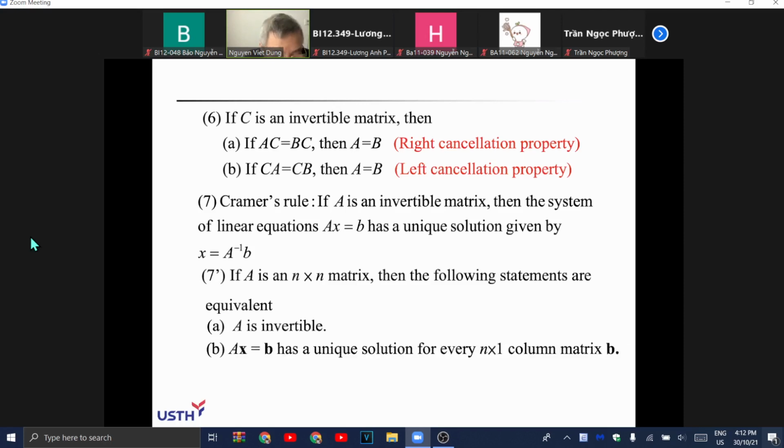The second says that AX equals B has a unique solution for any right-hand side, any column matrix B, or equivalently, AX equals 0 has only the trivial solution. It does not have any other solution. So that is the end of the lecture about matrix operations.